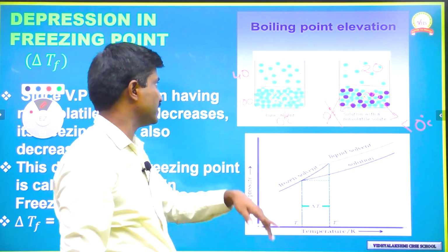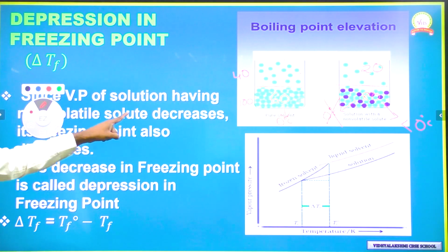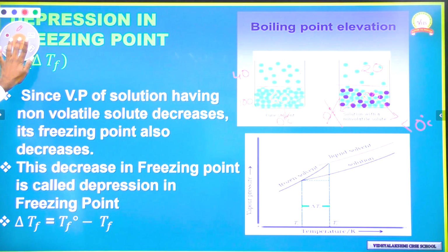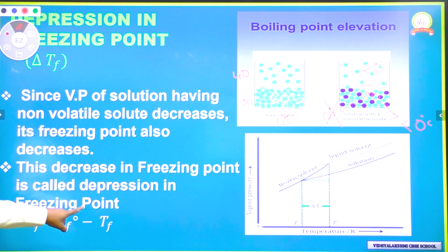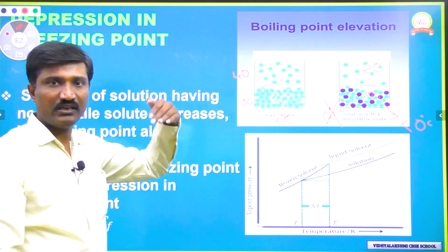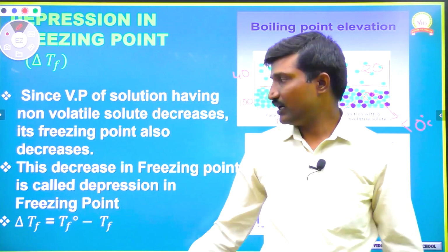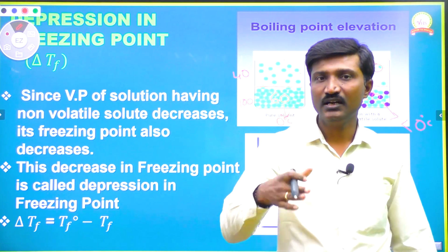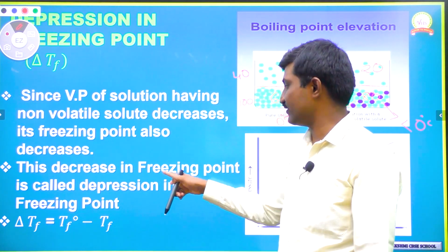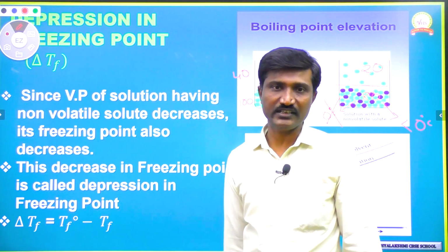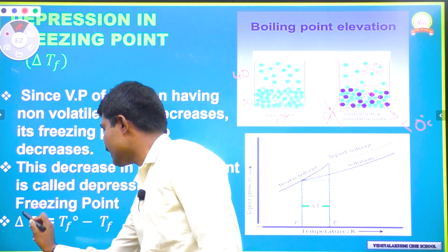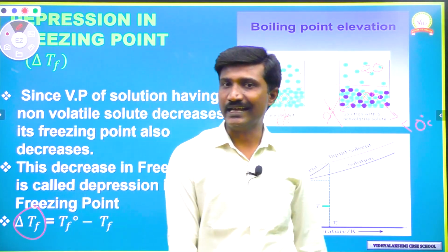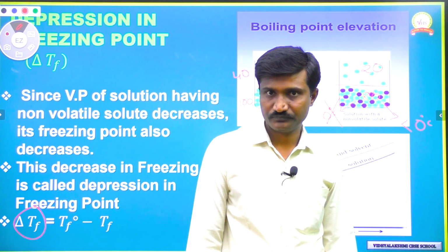That decrease in the freezing point of a solution which has a non-volatile solute is called depression in freezing point. Elevation means increase, depression means decrease. So the freezing point of that solution decreases, and that decrease we call depression in freezing point. We represent the depression in freezing point with delta TF.